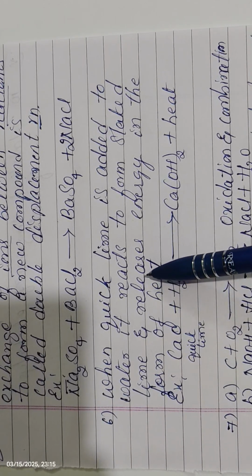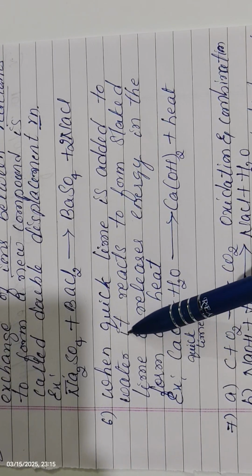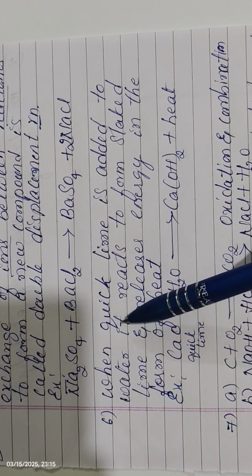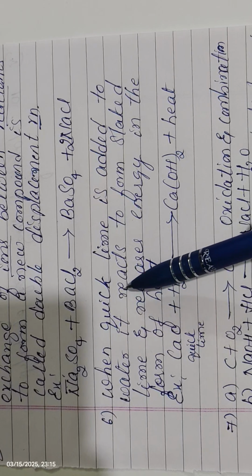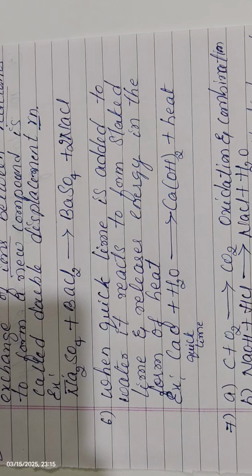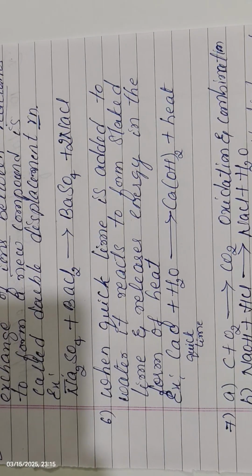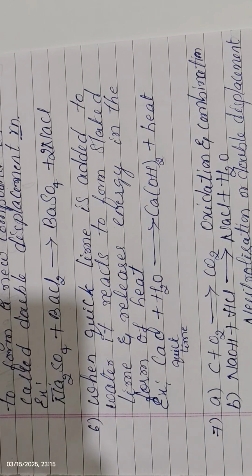When you touch the container where the quicklime was added to cold water, after a minute you can see that after the reaction the container becomes hot. That means the reaction releases or liberates heat.